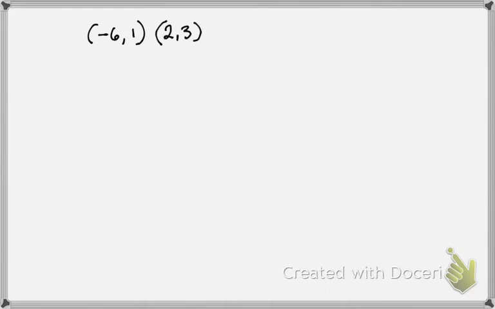Now I just taught you how to use point slope. When do we use point slope? When we're given what? A point and a slope. Everybody. A point and a slope. Okay? Well, what am I missing here? A slope. I have 2 points.